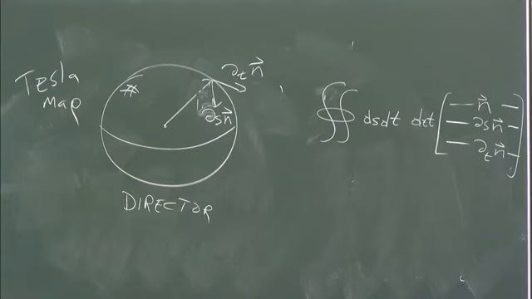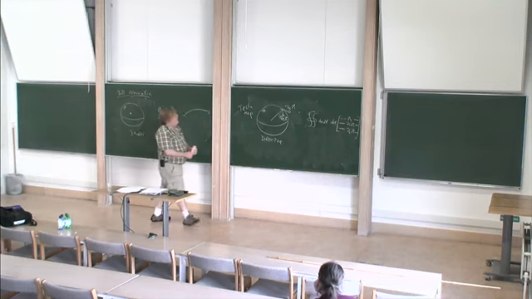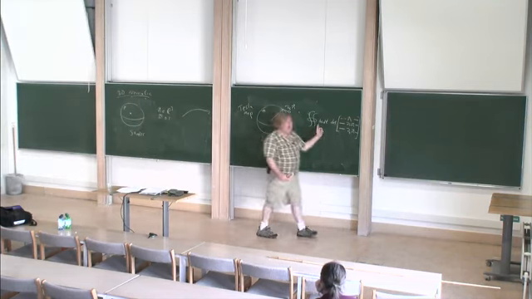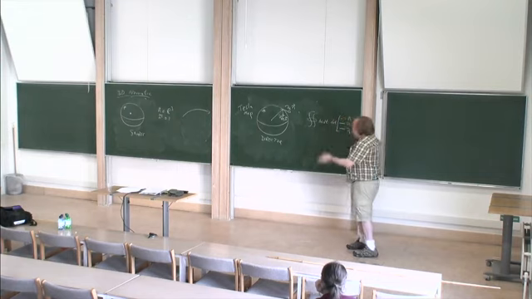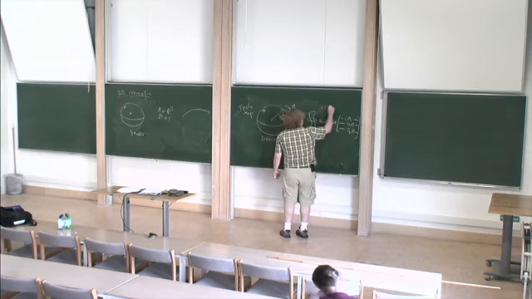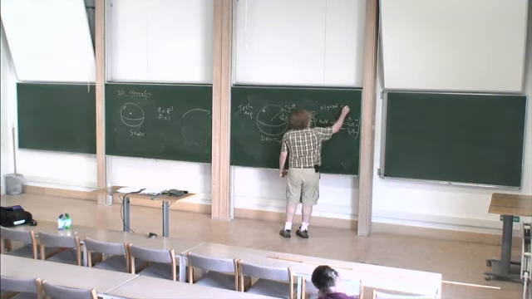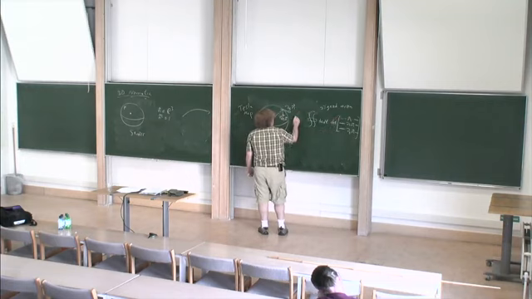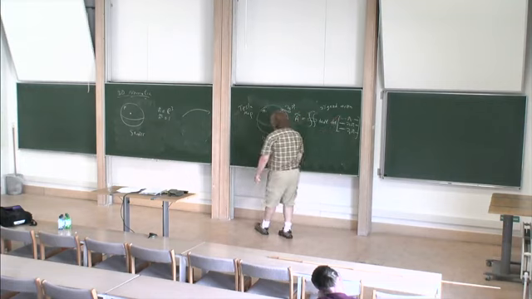I don't need any special coordinates. n is perpendicular to both of them. This is the analogy to what I did before. This is giving me the signed area. So let me call it A tilde for the signed area.